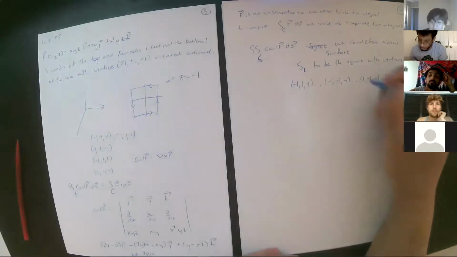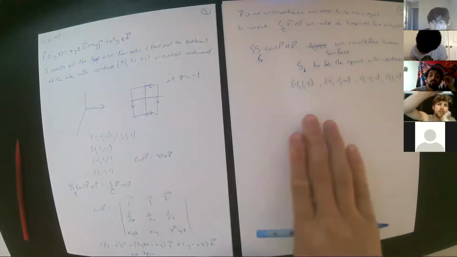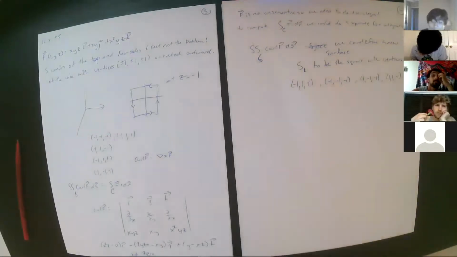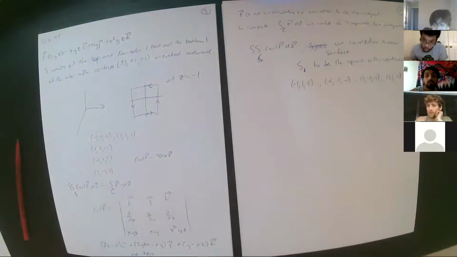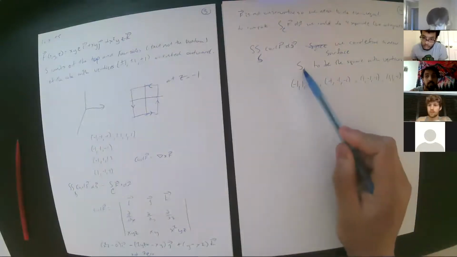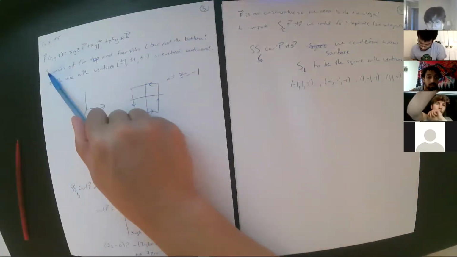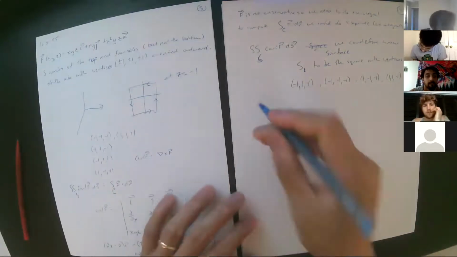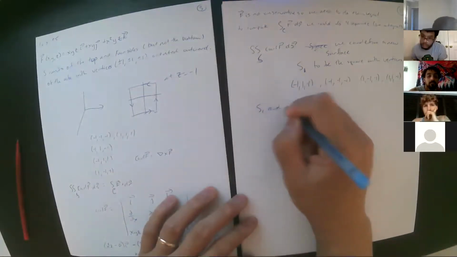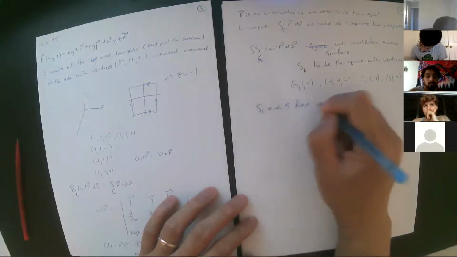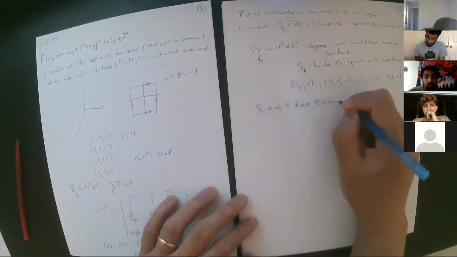All right, this gives me a flat square with z value -1, right? And this surface and this surface have the same boundary, correct? S1 and S have the same boundary.